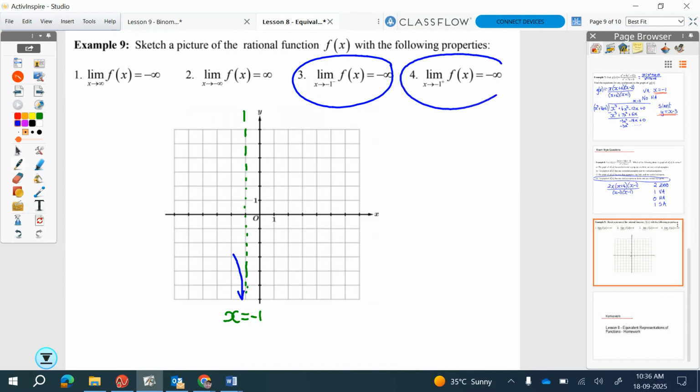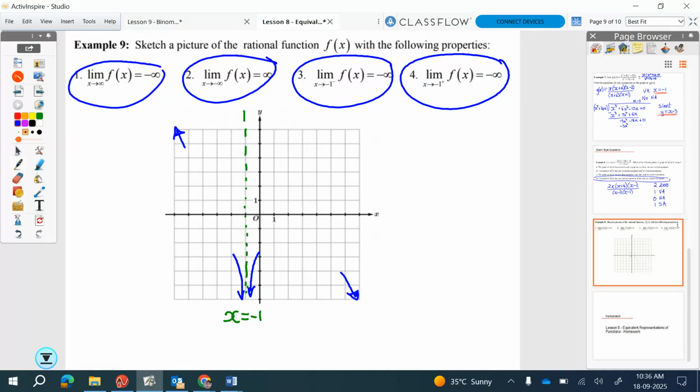This statement here tells us that the curve is also doing this. Let's fill in the other statements. So this statement here tells us that we are exiting off down in that direction. This statement here tells us that we are exiting off in this direction.